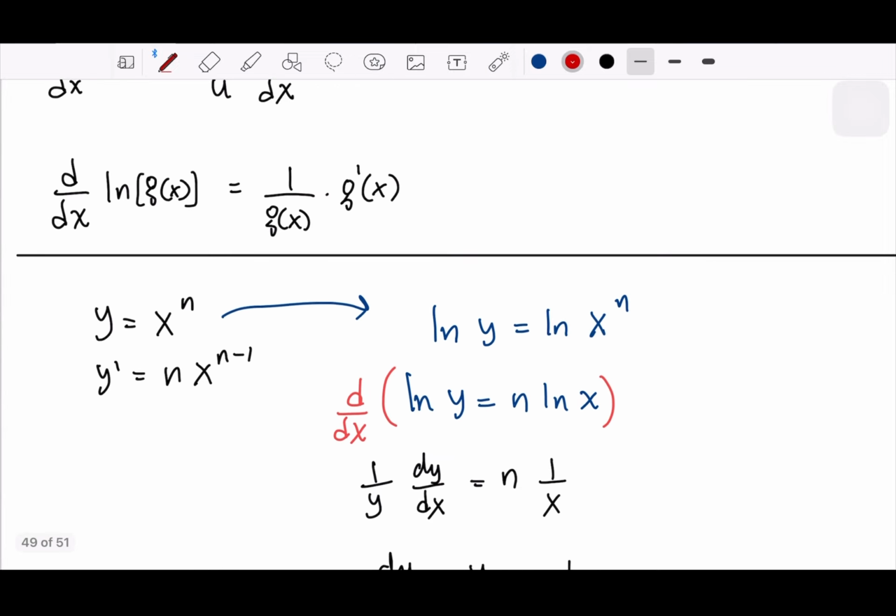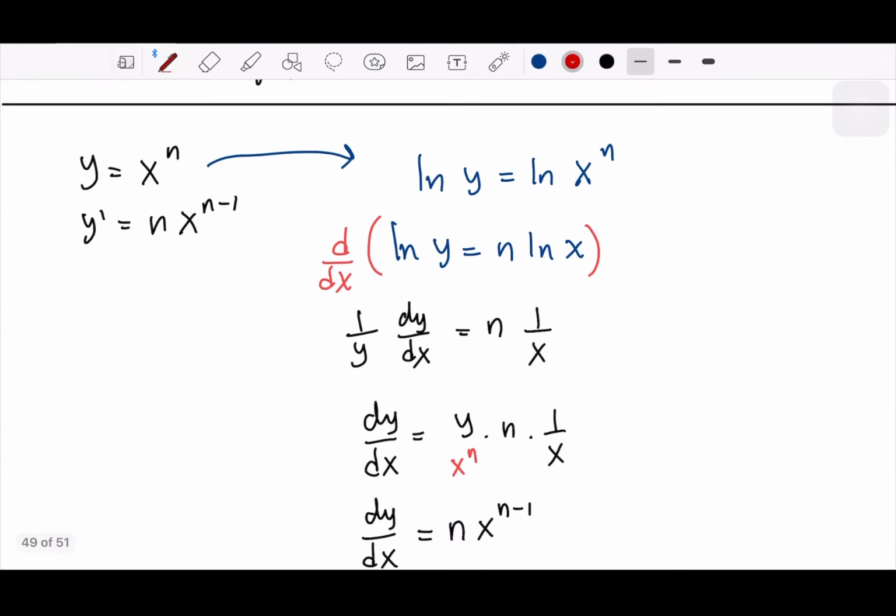And using implicit differentiation, we can also prove most of the derivatives using the ln. Using implicit differentiation, we can prove most types of functions, for example the power rule.